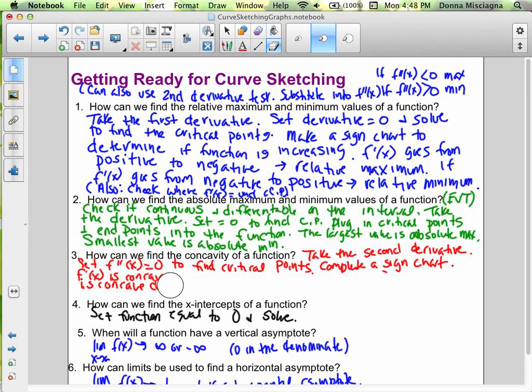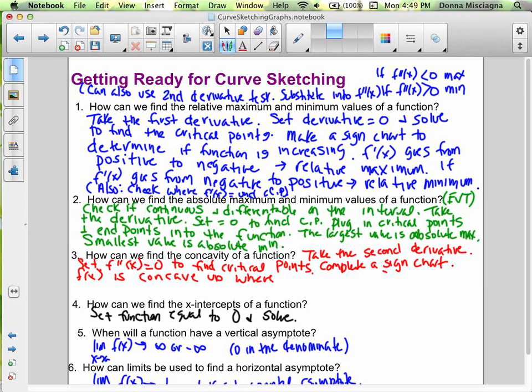Let me just change that a little bit. And so f of x is concave up, or f double prime of x is positive, and f of x is concave down, where f double prime of x is negative.